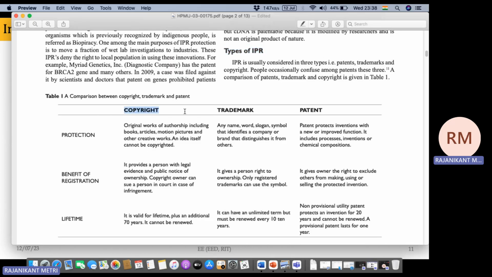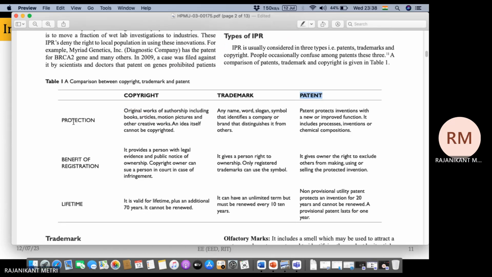Already we have seen this in detail: copyright, trademark, patent. Then what is the protection, the benefit of the registrations, and for what time it is valid. Under copyright, we have seen original works of an author include books, articles, motion pictures, creative ideas. The benefit of registration is that it provides a person with legal evidence and public notice of ownership, so an author cannot claim that this is my work if he has not registered for protection.